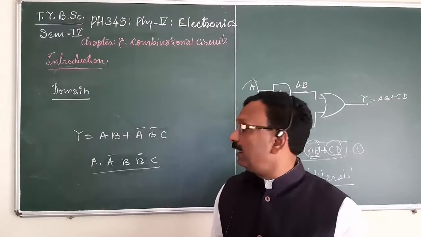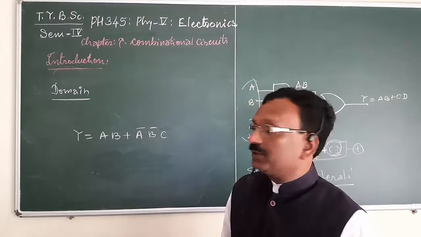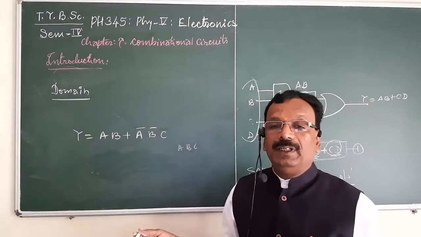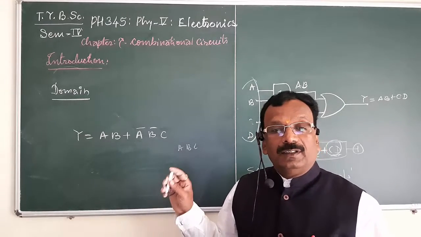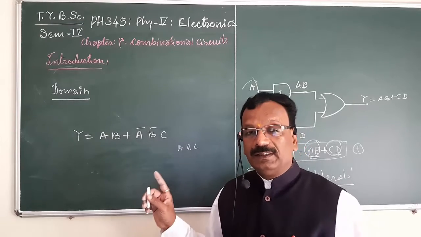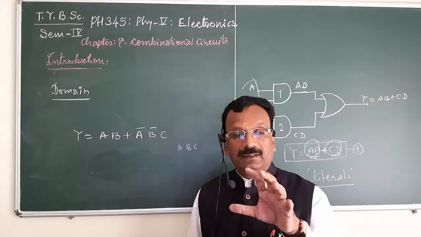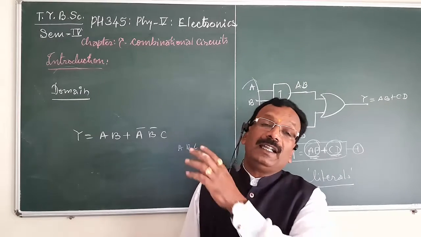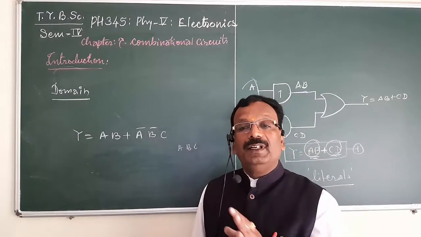Or simply we can say that in this Boolean expression there are three inputs a, b and c. Some of them are in uncomplemented form and some are in complemented form. But domain is nothing but the domain of a general Boolean expression, the set of variables contained in that expression in either complemented or uncomplemented forms.